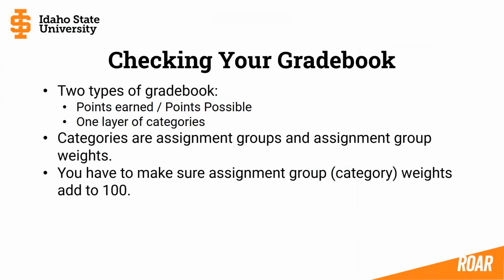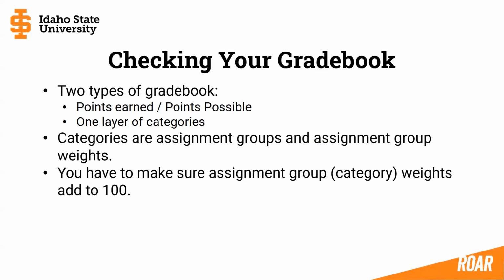Pretty much every time you're going to want to check your gradebook in Canvas to make sure things are organized correctly and the grades are being calculated correctly. Canvas has essentially 2 types of gradebook. The one is every item in your course is essentially all in one group, and the scores that students earned are points earned divided by points possible.